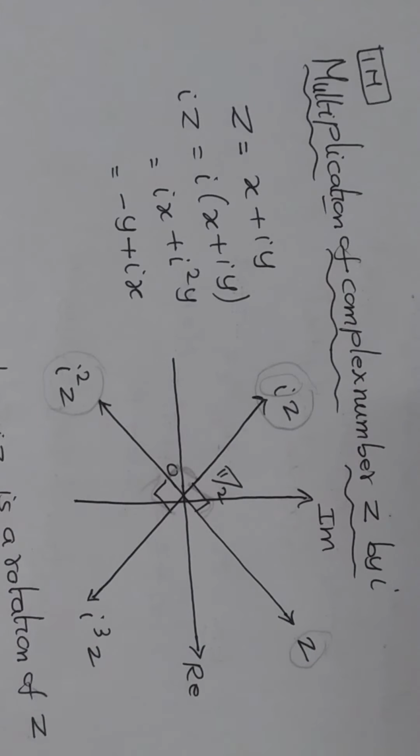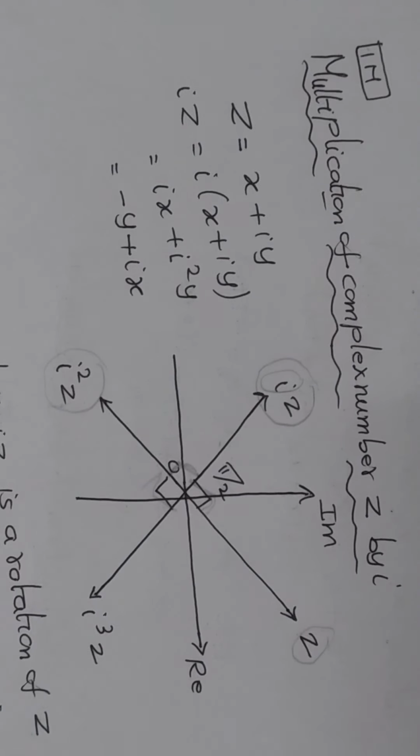Okay, so simply what you should remember: multiplication of any complex number z by i successively rotates the z in the counterclockwise direction about the origin.